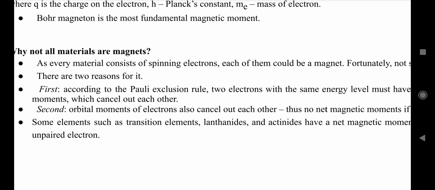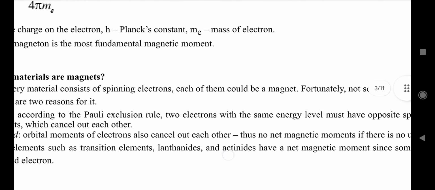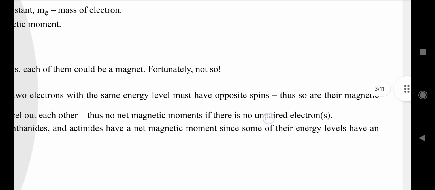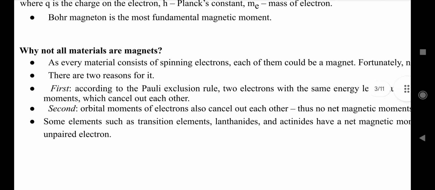Generally, in materials, two electrons with the same energy level must have opposite spins. Thus their magnetic moments generally cancel each other. That is the property of general materials. The electrons will both be spinning at the same energy level, but in opposite directions, so the magnetic moments are also opposite and cancel each other.